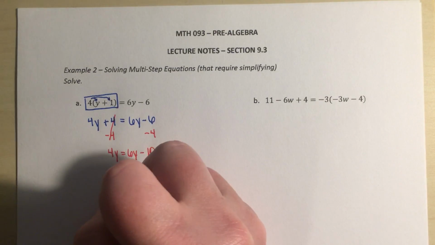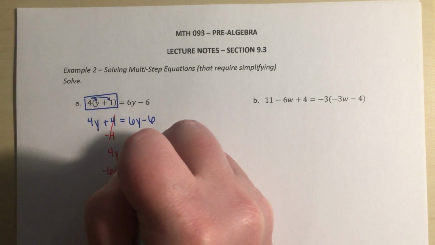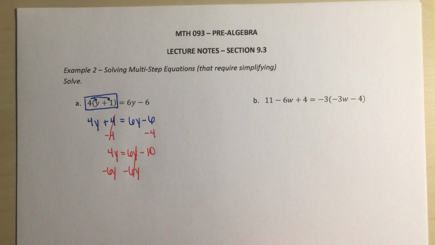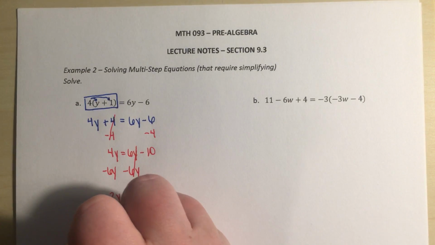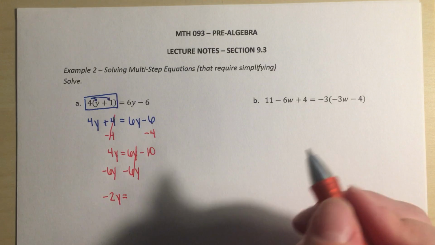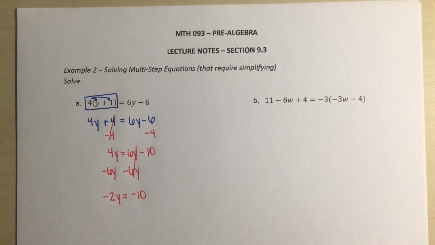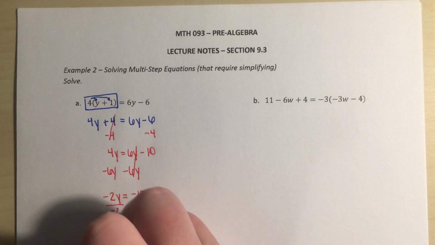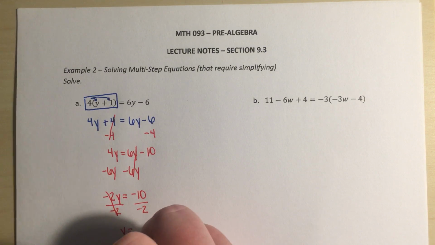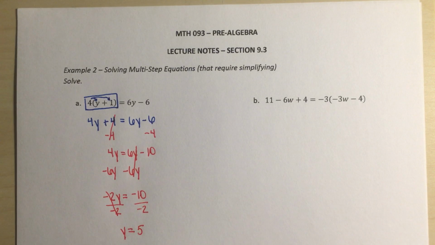Now we're going to get rid of the variable term that's on the right side, so we're going to subtract 6y from both sides to cancel that out. 4y minus 6y, different signs, so we subtract. We get negative 2y equals negative 10. We're going to finish this off by dividing each side by our coefficient of negative 2. Negative 10 divided by negative 2 gives us positive 5, so y equals positive 5.